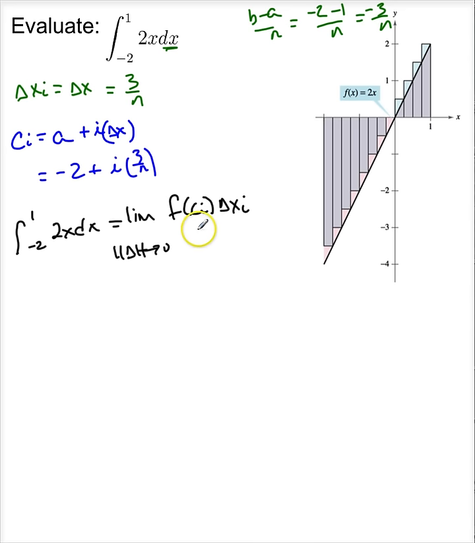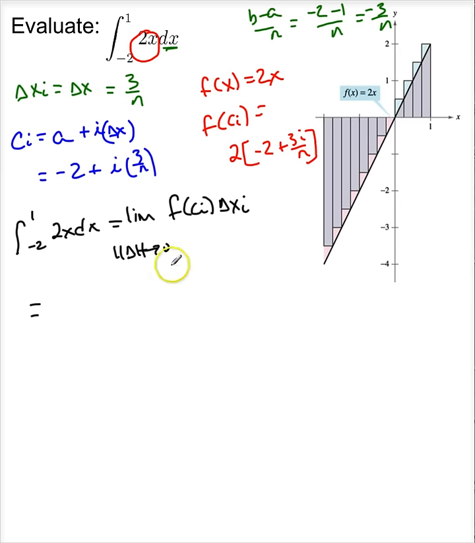Now, I haven't told you what f(c sub i) is here. f(x) is 2x. So f(c sub i) is going to be 2 times (-2 plus 3i over n). And you don't have to write this separately; you can put it down here, that's fine.